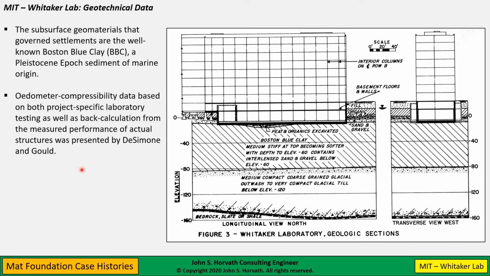The analyses I did were based on the odometer data presented in the paper. This was based on project-specific data as well as some local Boston experience that was published in the D'Appolonia and Gould paper.